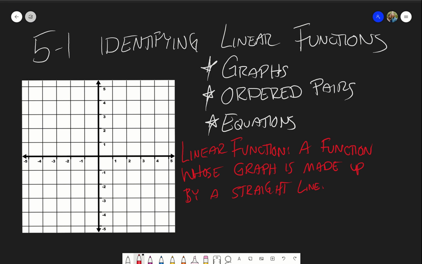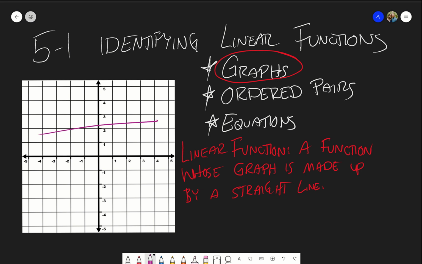So this is going to lead us right into our first topic here, which is graphs. So the very easiest thing we can do when we're talking about linear functions is to be able to identify them based upon a graph. So if a graph has a straight line, this would be a linear function. Anything that's a straight line is going to be a linear function.